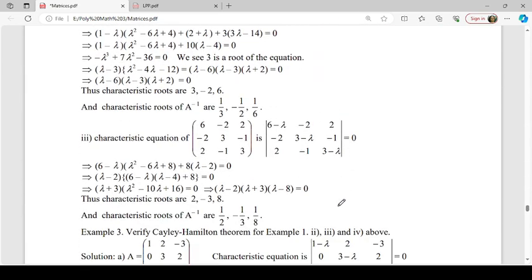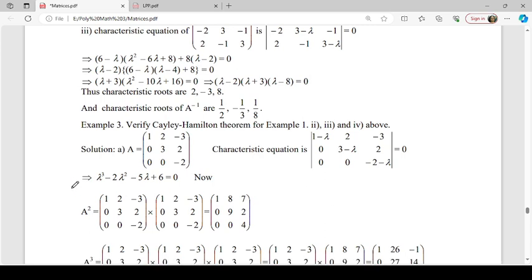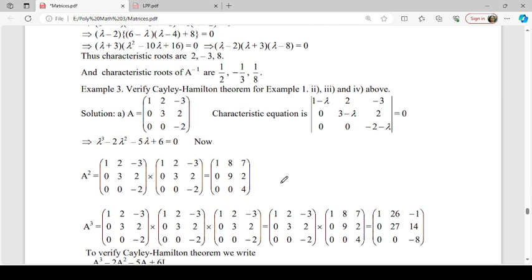Cayley-Hamilton's theorem: first we write the characteristic equation, and then in place of lambda we need to write A. So this is A square. These are all scalars, so after putting A, this is a matrix, this is a matrix, this is a matrix.